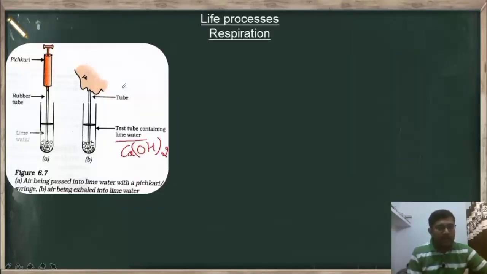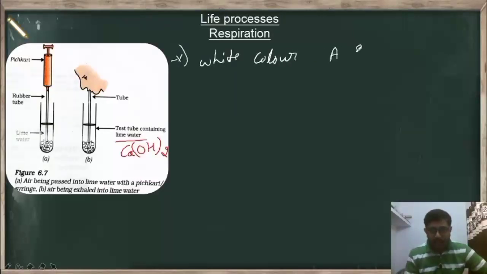What we observe in this activity is the formation of white color in both test tubes. That means in test tube A and test tube B we can observe white color.